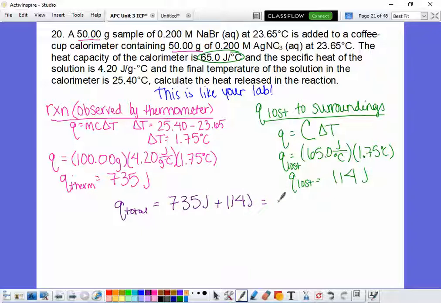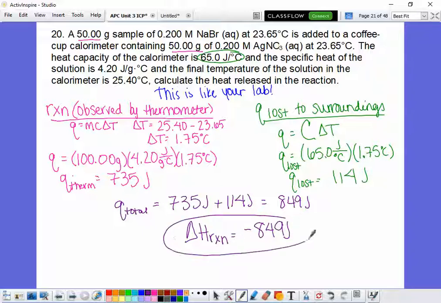So what is that? 849. So that's how much the thermometer should have observed. So how much did our solution lose? Or how much was produced by our solution? 849 joules. So what's our delta H of our reaction? Negative 849 joules. Because 849 was produced by our reaction and observed by the thermometer, or at least should have been observed by our thermometer.